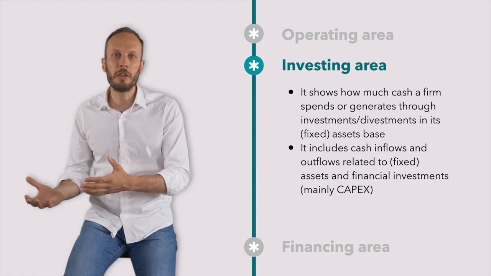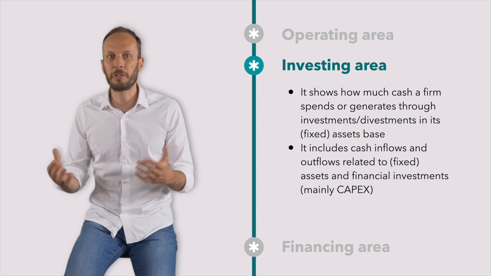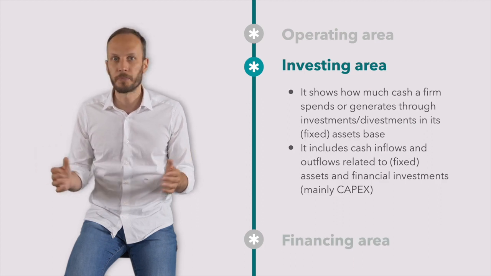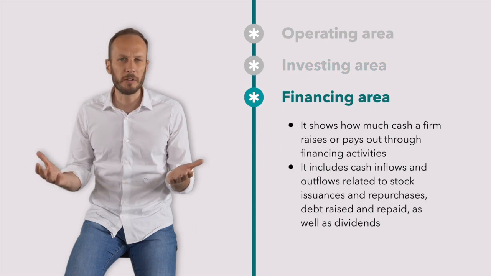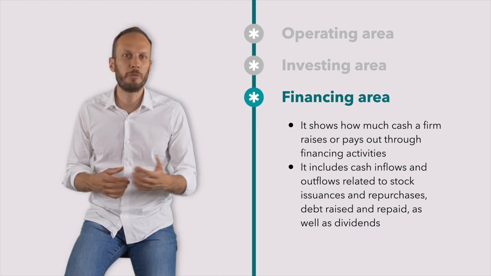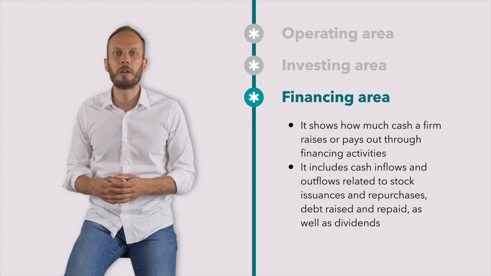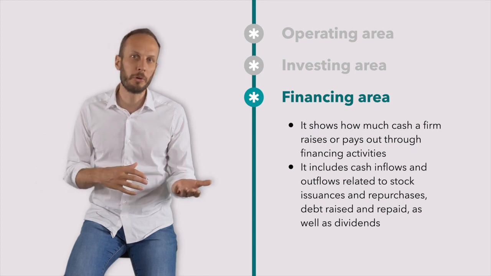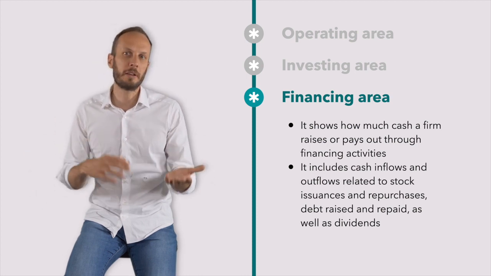It includes cash inflows and outflows related to assets and financial investments, mainly capital expenditure. Third, financing activities. It shows how much cash a firm raises or pays out through financing activities. It includes cash inflows and outflows related to stock issuances and repurchases, debt raised, and debt repayment.